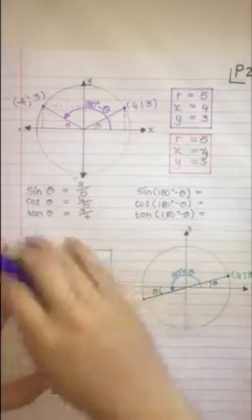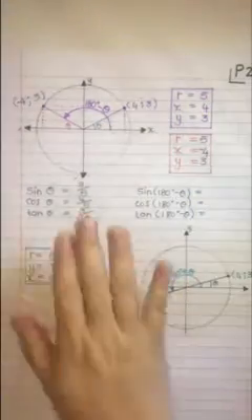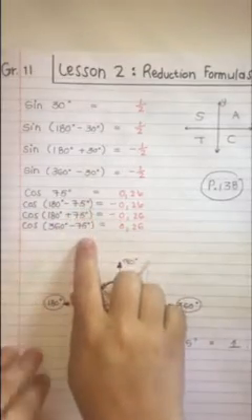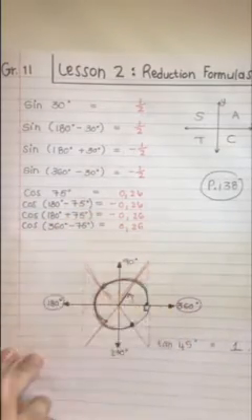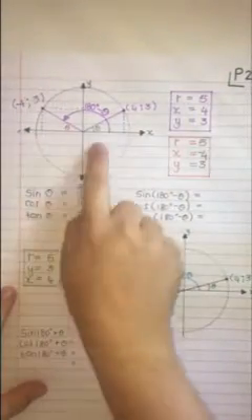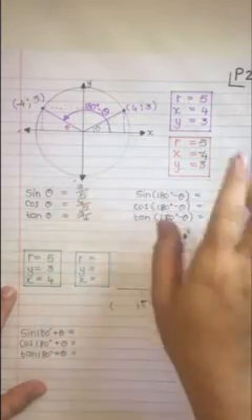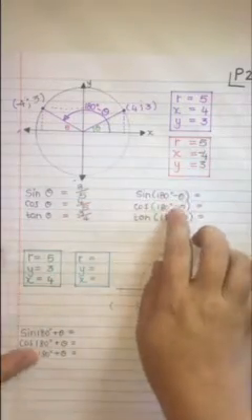Now the difference between this and this: here we had an angle value, so we got answers. Here we don't have the value of theta, so we're just going to use our sin, cos, and tan for x, y, and r over here.